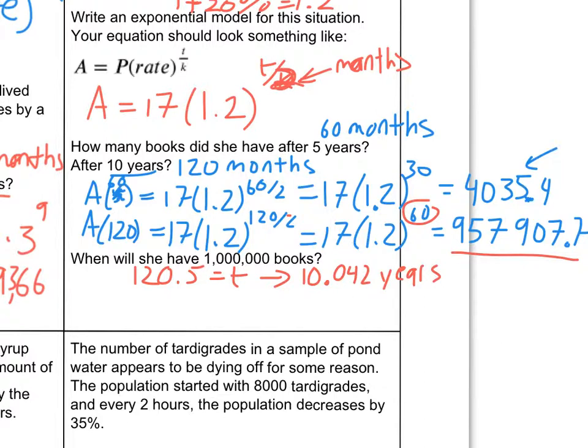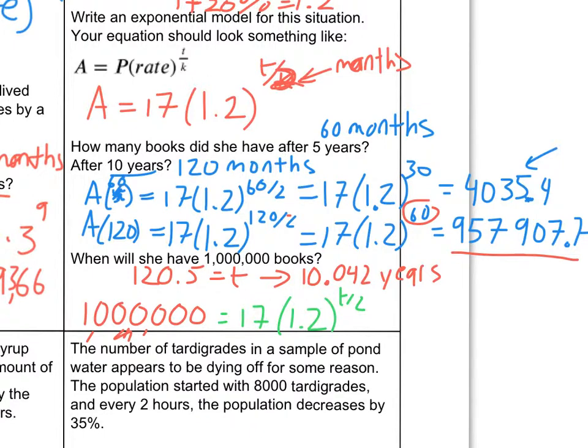The other option we have is to do this using logs. And if we're looking at this, that's going to be 1,000,000. I did not put the comma right. There we go. And that's going to be equal to 17 times 1.2 to the t over 2. The way we do this is divide by 17.